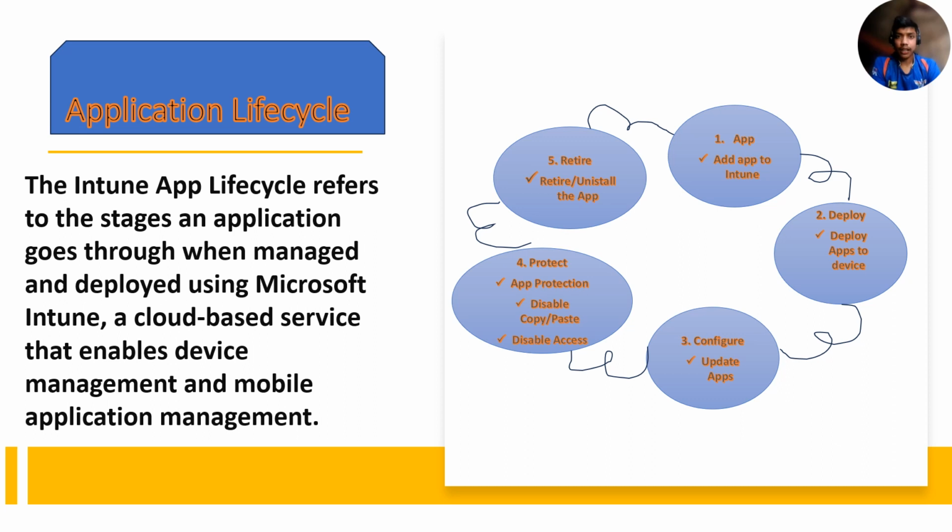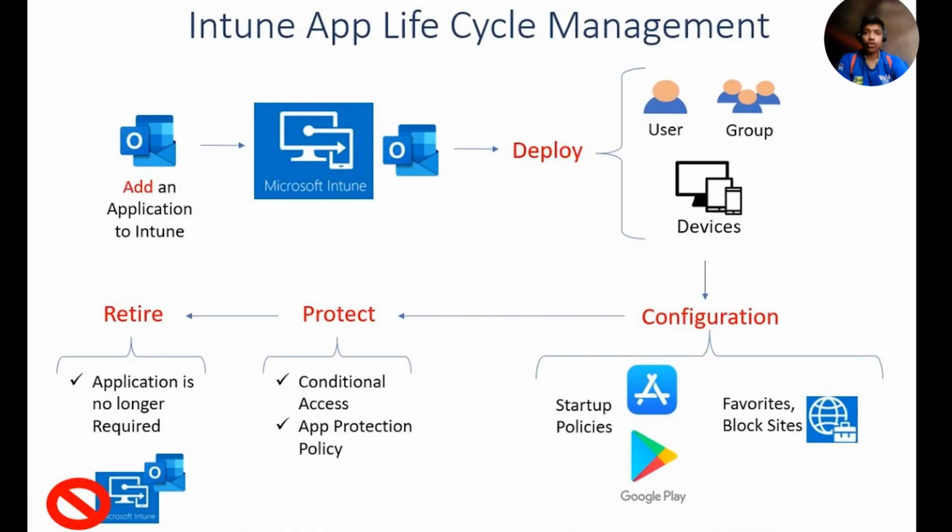Basically, as we have the device lifecycle, next we have the application lifecycle. The Intune application lifecycle refers to the stages an application goes through when managed and deployed using Microsoft Intune, which is a cloud-based service that enables device management and mobile application management. We have already covered this, so let's understand the application lifecycle in detail.